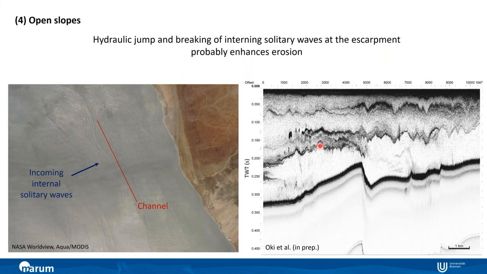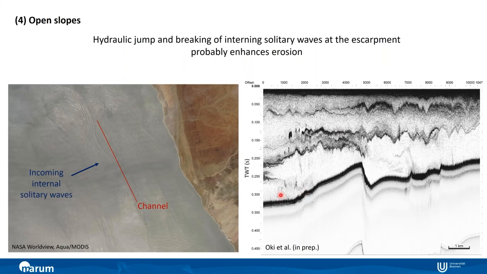Here we have the escarpment with the channel, and we see some internal waves that are approaching the area, and also the other smaller internal waves that are continuing to move towards the shelf. And here you can see in the zone where we have the cold water coral mounds and the erosion that we also have some particular higher amplitudes and kind of mixed layers in this area.